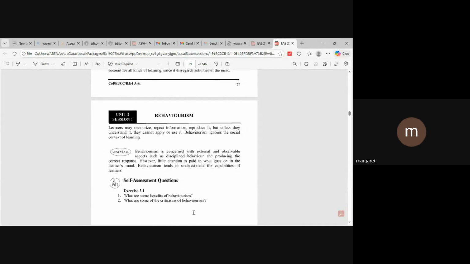And lastly, I think I didn't mention, it ignores the social context of learning, because it emphasizes memorization. Learners are not able to learn and apply within context. And also, as part of the social context, it ignores the fact that the social environment also has a role to play in the learner's language acquisition.